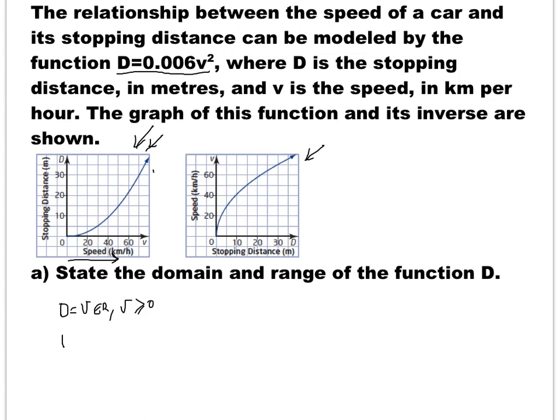The range values are the y values, which are the stopping distance, and you can see from the graph that they can start from 0 and they can go upward to infinity. So we can say that the range values are d, which are in real numbers, and d has to be greater than or equal to 0.